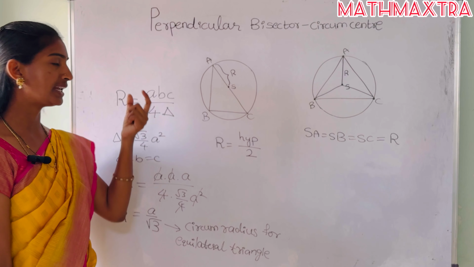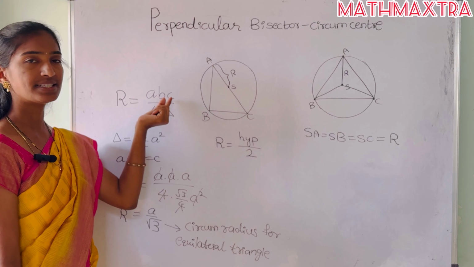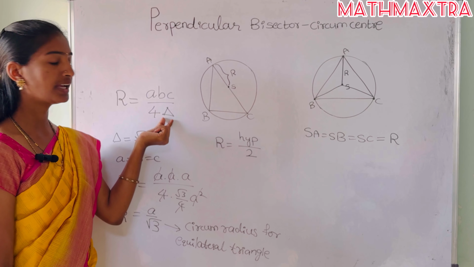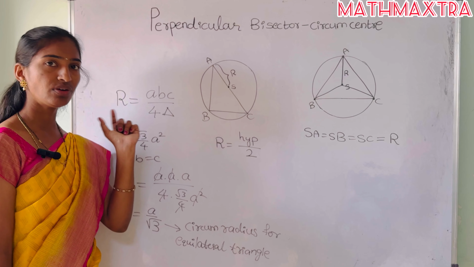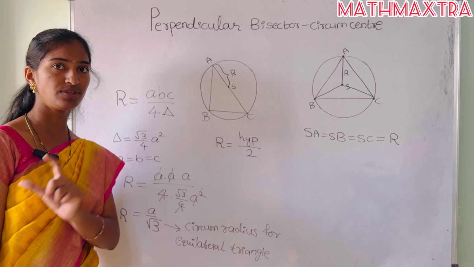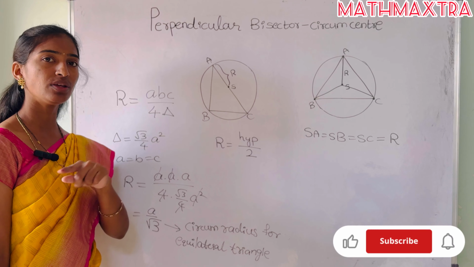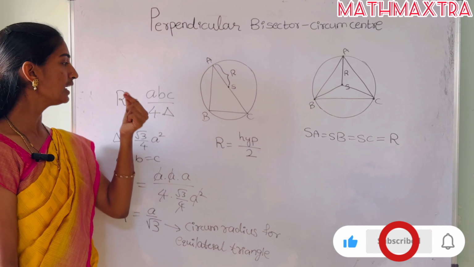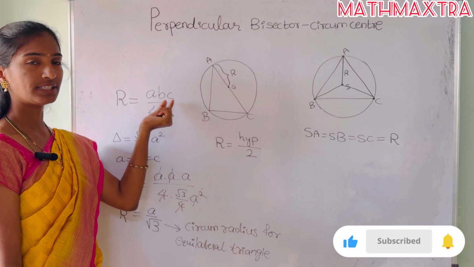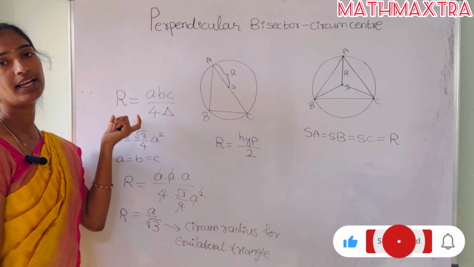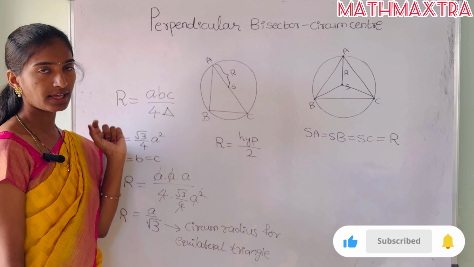In the case of a scalene triangle, all the three sides are different, and what is the area? Area is the square root of s into s minus a into s minus b into s minus c. From that you can find the area of your triangle. Then you can substitute all the three sides and calculate the circumradius of the triangle.